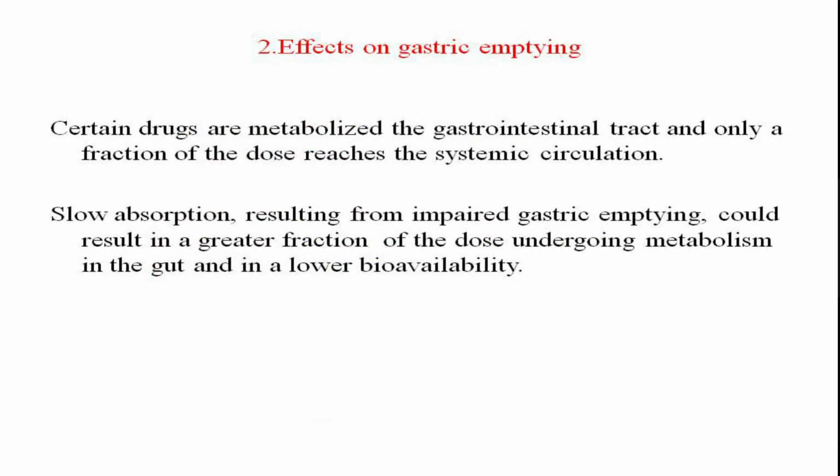So the next mechanism is effects on gastric emptying. Generally, metabolism takes place in the liver, but certain drugs are also metabolized in the gastrointestinal tract, and only a fraction of the dose reaches the systemic circulation in active form. That's the main mechanism: slow absorption resulting from impaired gastric emptying.